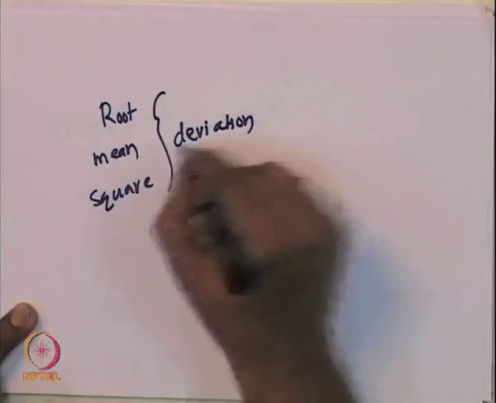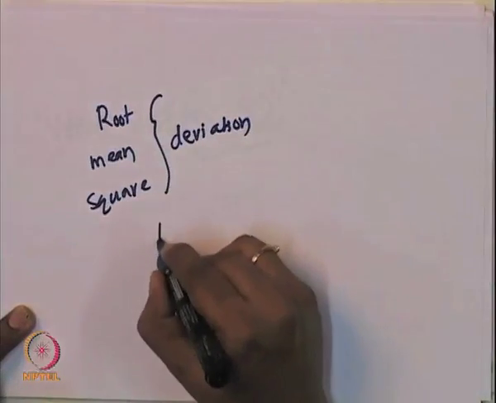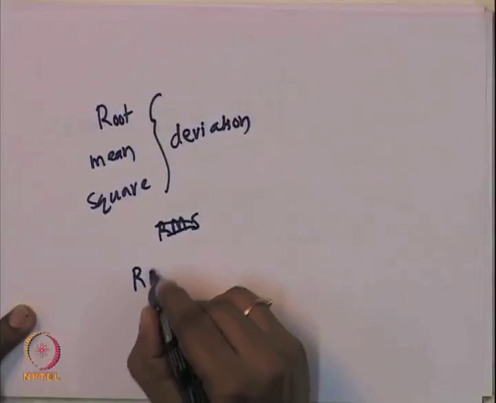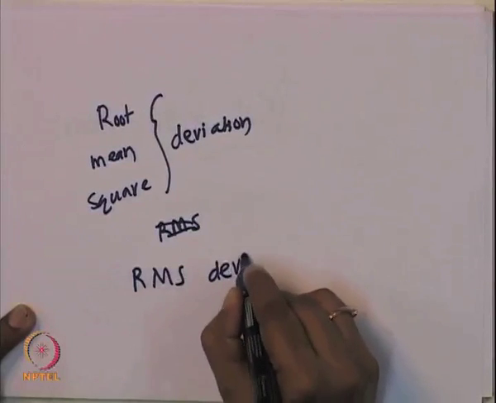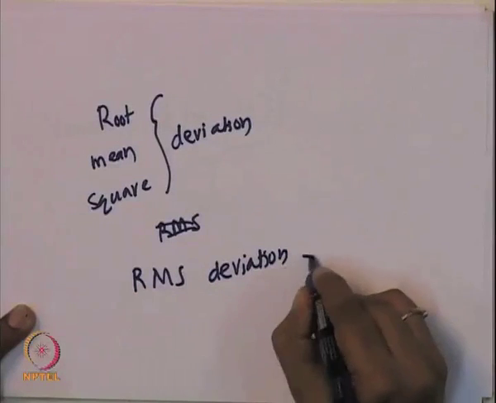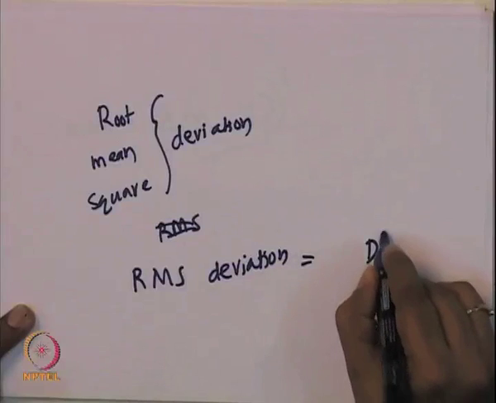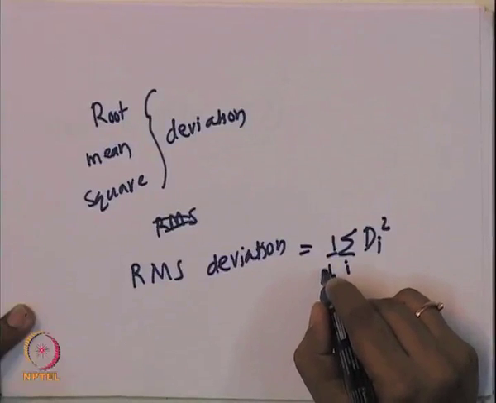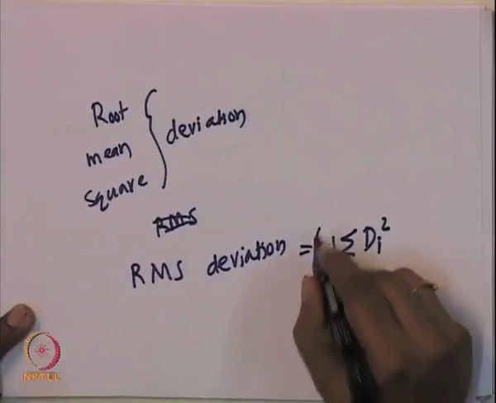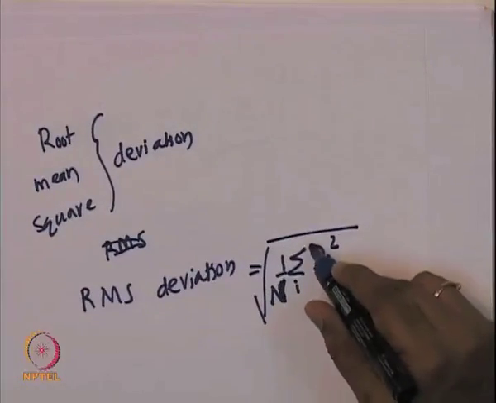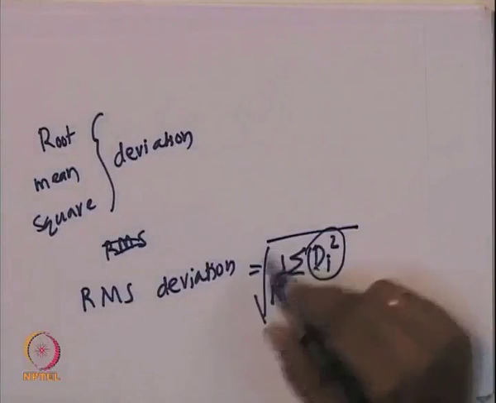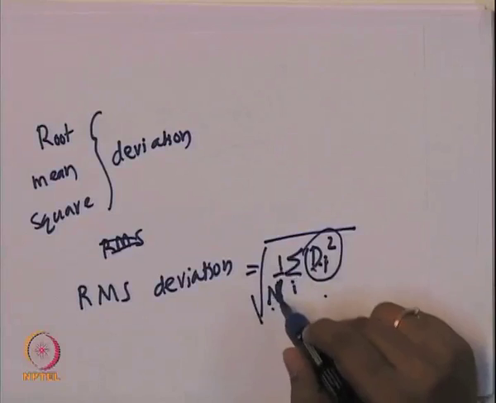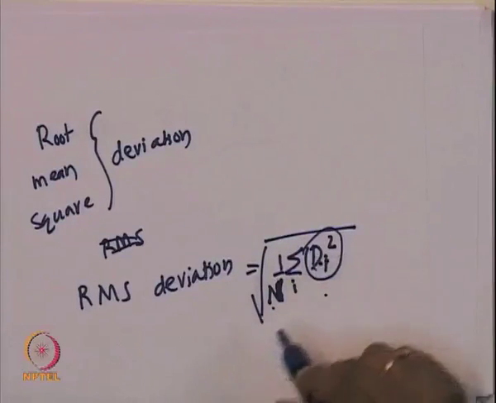Let me write RMS deviation. That means you find the square of the deviation, average it, and find the square root of it. So first the square, then the mean, and then the root. This is called root mean square deviation.